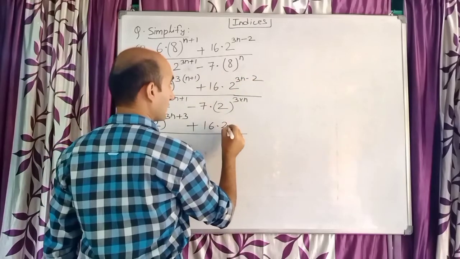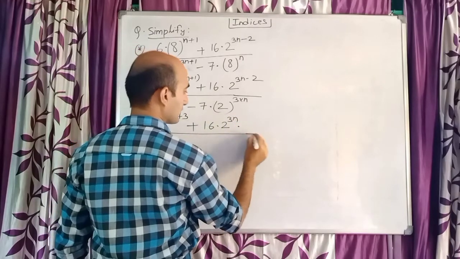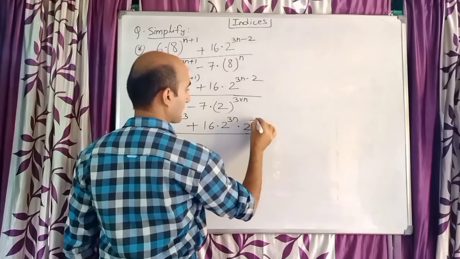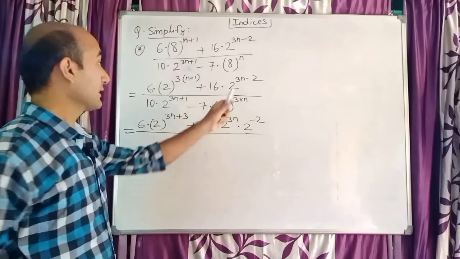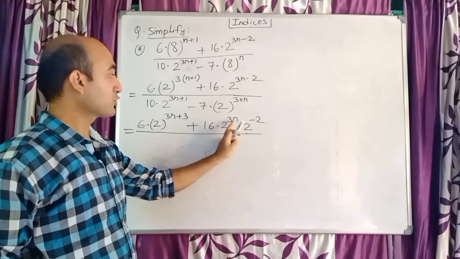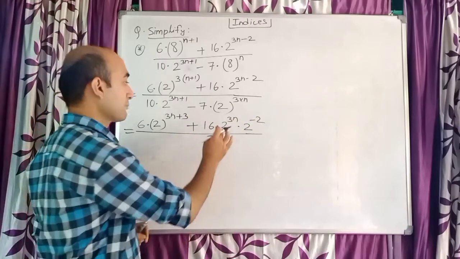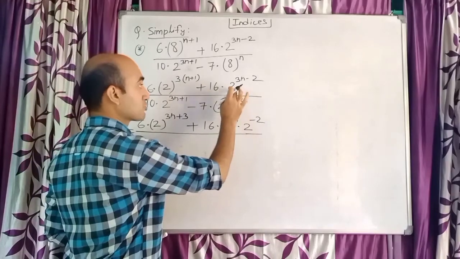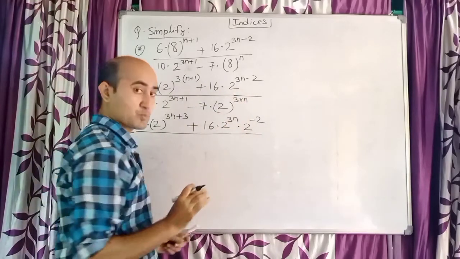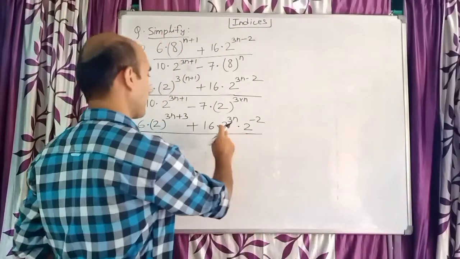That means you write 2 to the 3n in one place into 2 to the minus 2. Now you can see this power 3n minus 2 has been divided into 2 parts. 3n is here and minus 2 is here. But in both places I wrote the base 2, because when I break it into 2 places the base 2 should come in both places.